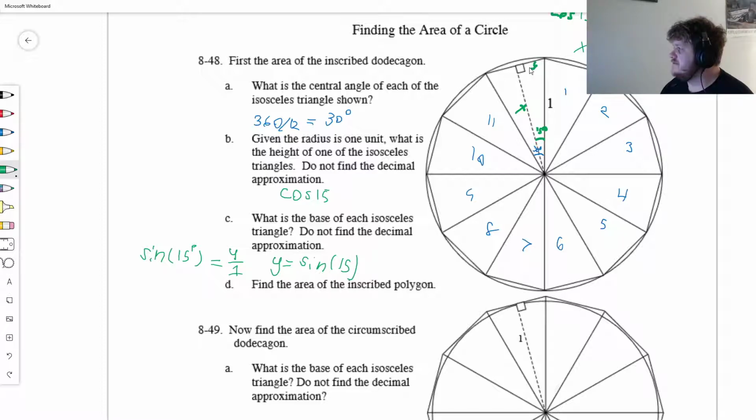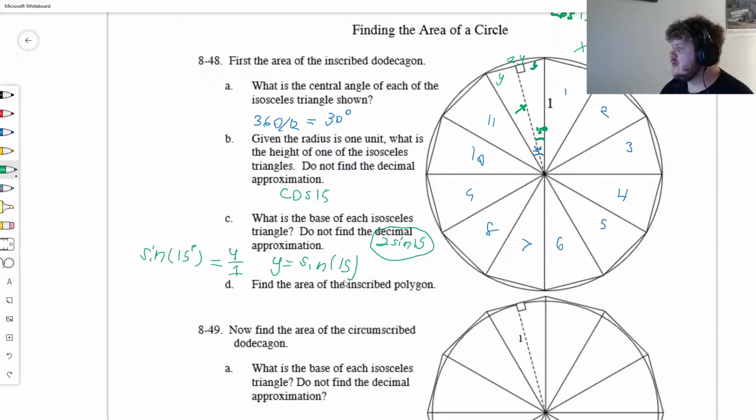That's for half of it. So technically the base, if we had this as y, would also be y, and therefore the whole length of this would be 2y. So the base of each isosceles triangle would be 2 sine 15.